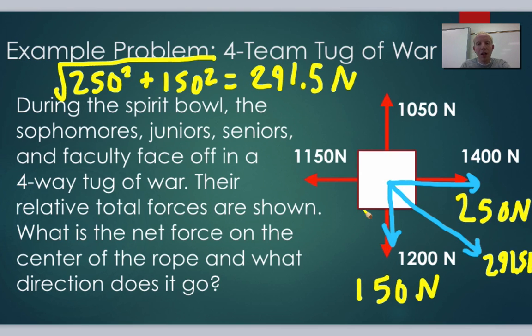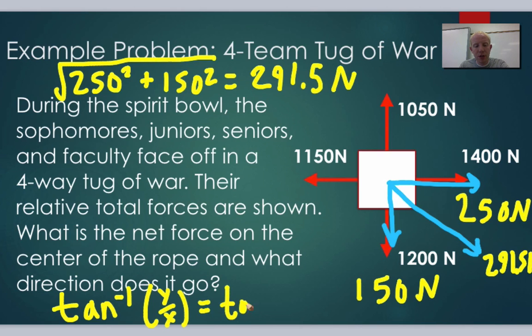And we're going to want to find the direction, and I'll write that equation down in case you've forgotten it, but it's the tangent inverse of y over x, which in this case would be the tangent inverse of 150 over 250.